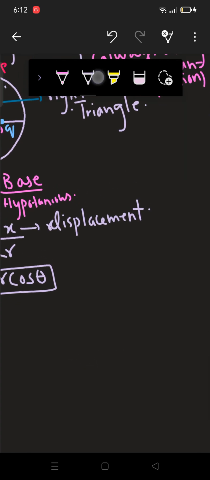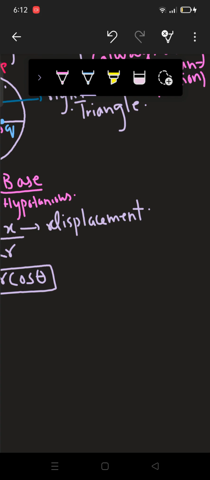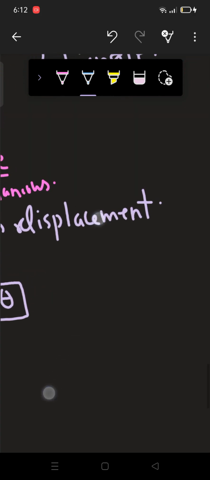We can generate one more formula from it for finding the displacement, because we know that the angular velocity, omega, is equal to angular displacement upon time.